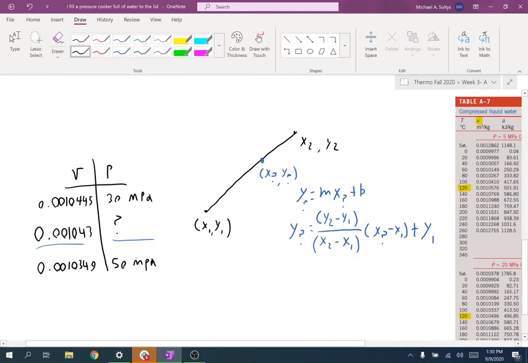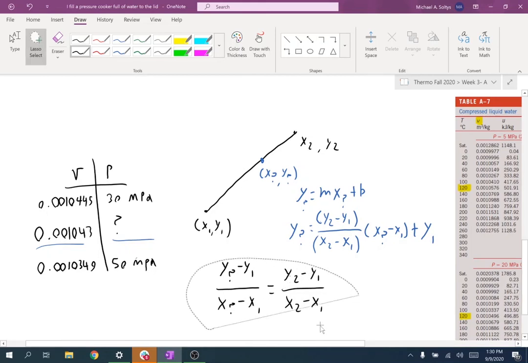So I could say y question mark minus y1 over x question mark minus x1 is equal to y2 minus y1 over x2 minus x1. Both those are the same thing. You could get from one to the other just doing algebra. But I could plug in my numbers and get my unknown pressure.